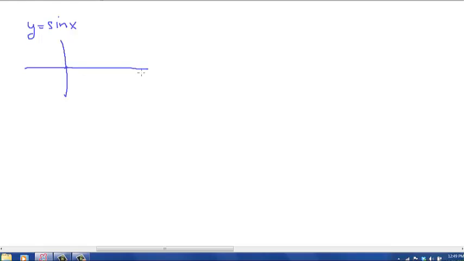Let's think of our key points. We'll take it out to 2 pi. So this would be pi over 2, and 3 pi over 2. If we want to go to the left a little bit, this would be negative pi over 2, negative pi. Here's 1, here's negative 1.